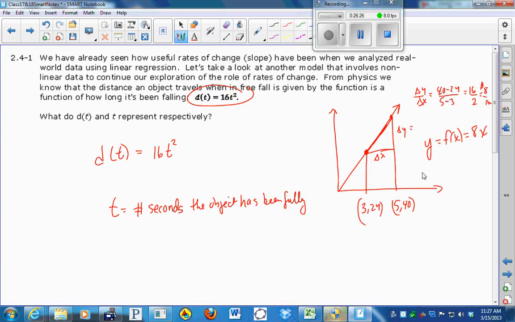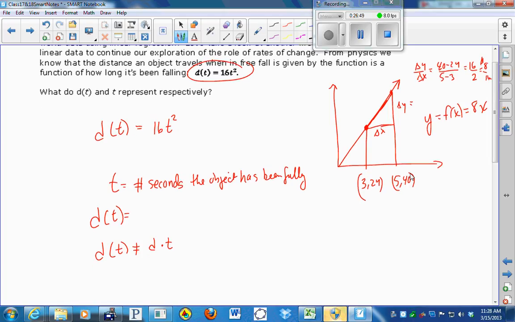All right, what does d of t represent in words? Distance times time. Remember, when we use functional notation, this doesn't mean d times t. Okay, hang on.